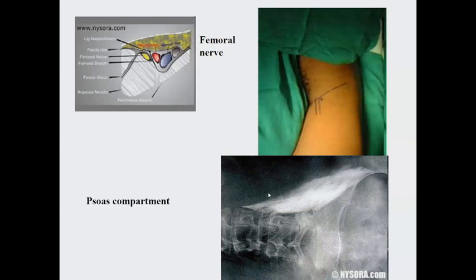What it's possible to do is to perform the anesthesia of the three nerves by injecting local anesthetic at the level of the psoas muscle. It's called psoas compartment block, but this is not very common.